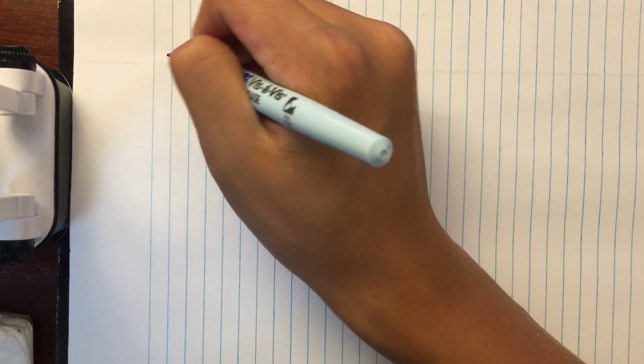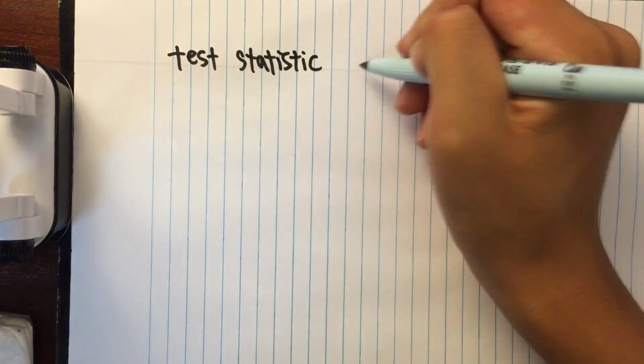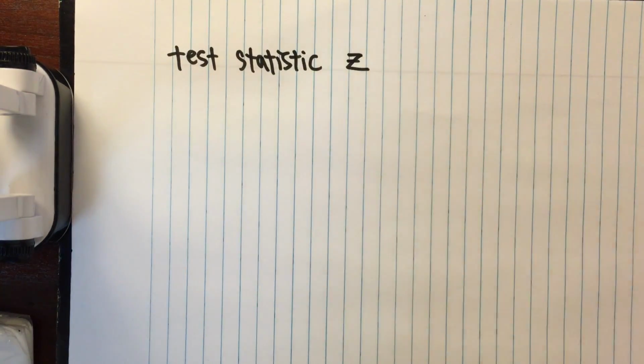As we learned before, there are only two possible outcomes in a hypothesis test. We either reject the null hypothesis, or we fail to reject the null hypothesis. And this is determined using the test statistic z and calculating a p-value. First, let's calculate the z statistic.